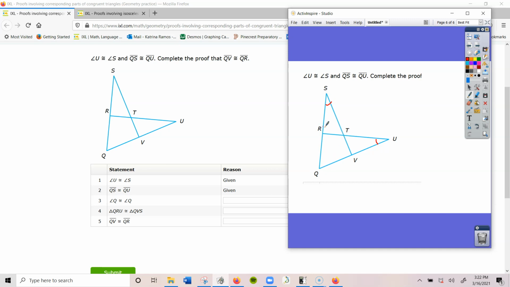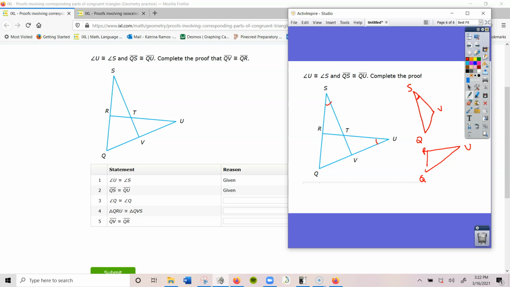QS, so QS. So it looks like we have these two separate triangles. So I'm going to draw them separately. We have this one here, and then this one here. This is S, this is V and Q. And then this one here, this is R, this is Q, and this is U.